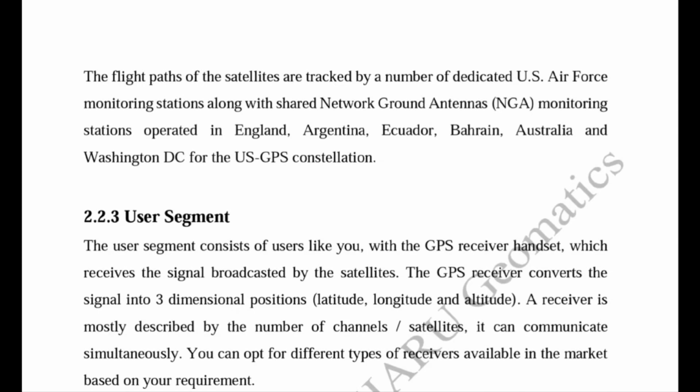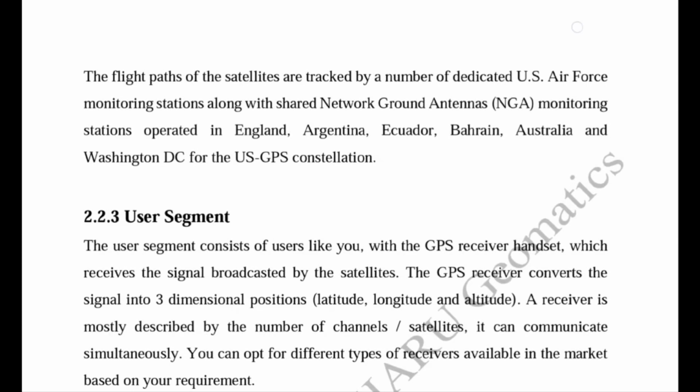These monitor stations send coordinate information and time information to the master control station, and that master control station uses the GPS ground antenna to contact the GPS satellites, and that data, about their coordinates and ephemeris data, has to be sent to the satellites for accurate position calculation, and this is done with the help of ground antenna.